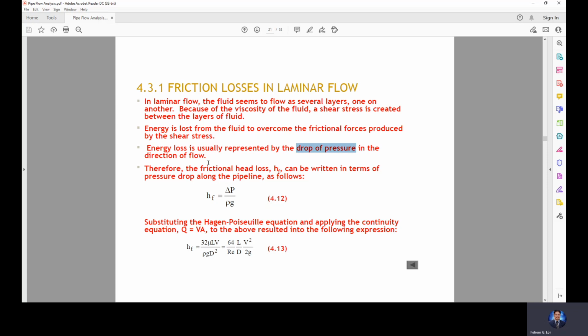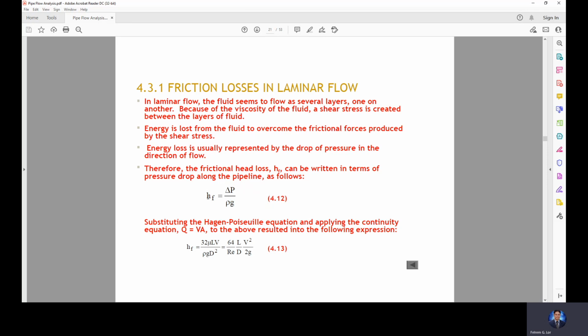As I've said, the greater the length of the pipe, the greater the energy loss. Therefore, the frictional head loss can be written in terms of the pressure drop along the pipeline. This is actually delta P over gamma, right? Rho g is equal to gamma, right?